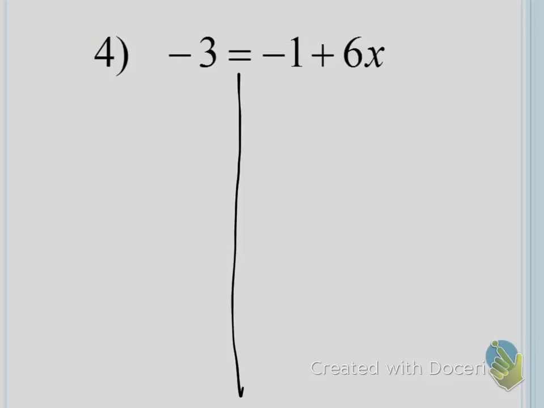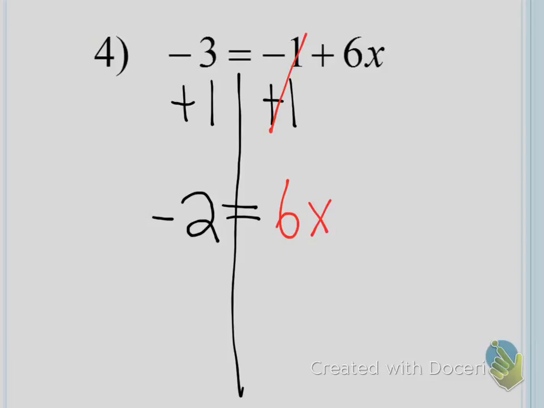I want to add 1 to both sides. Good. You could also think of it as minus negative 1. Minus negative 1 is the same thing as plus 1. So I'm going to add 1 to both sides. Negative 3 plus 1 gives me negative 2 equals, the 1's give me a 0, so you don't need to write them. They're gone. This is 6x.